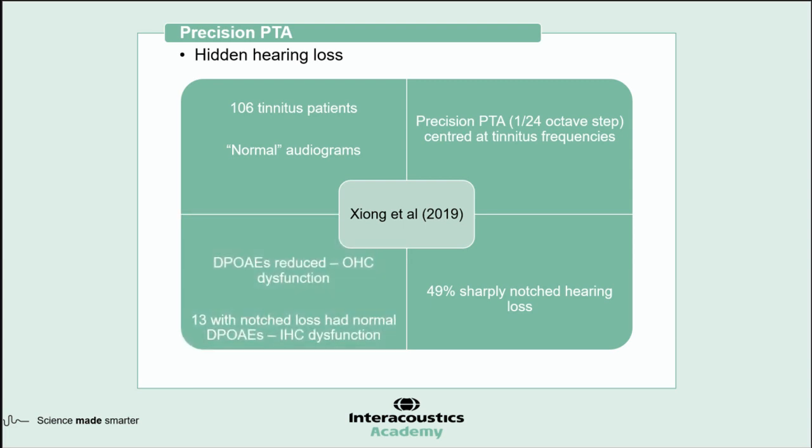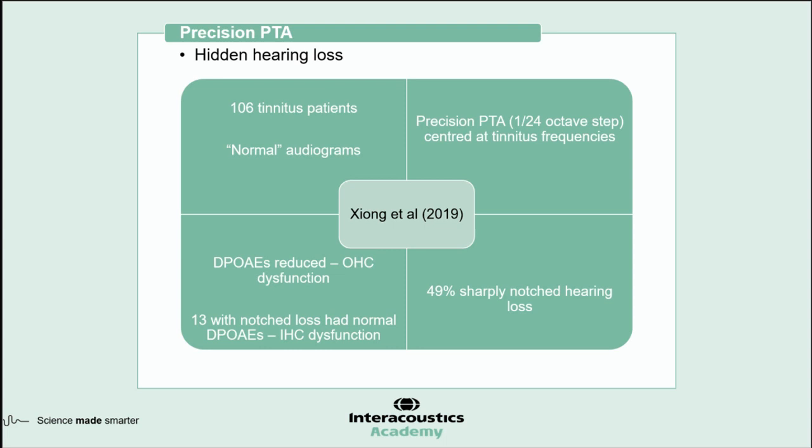And we know when we're testing OAEs, for instance, particularly DPOAEs, we're usually looking at outer hair cell function or dysfunction if those OAEs are reduced. And in this case, they actually found that 13 of the subjects with that sharply notched hearing loss had completely normal OAEs. So on the face of a very standard basic audiometric test battery, which was pure tone audiogram at the standard frequencies and DPOAE testing, everything did look completely normal.